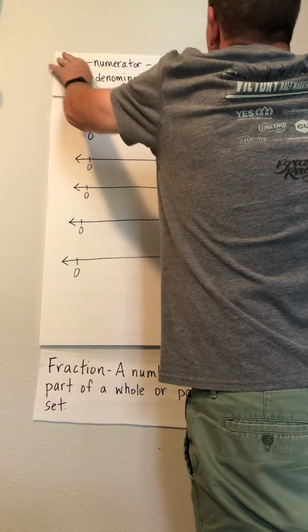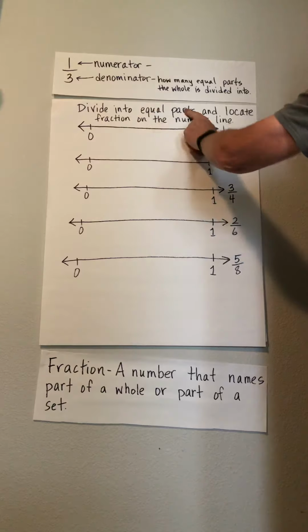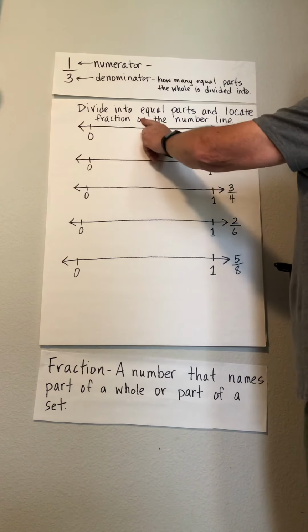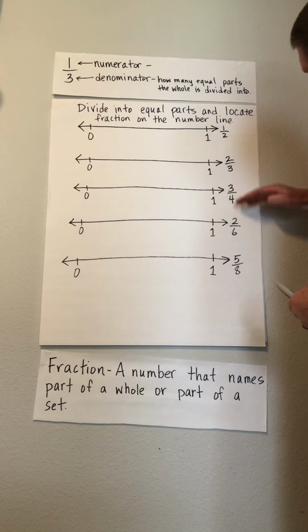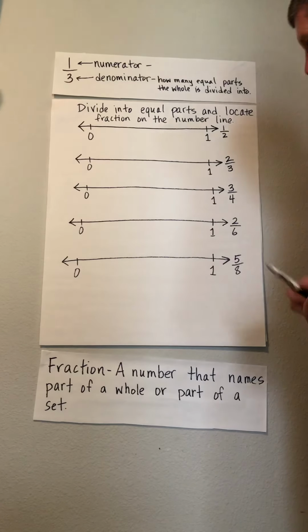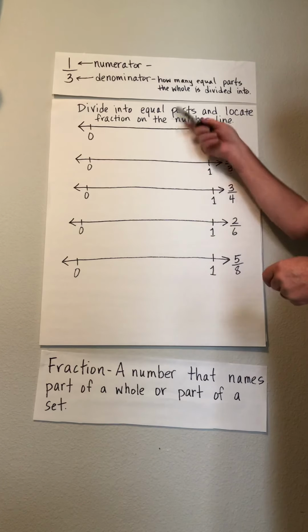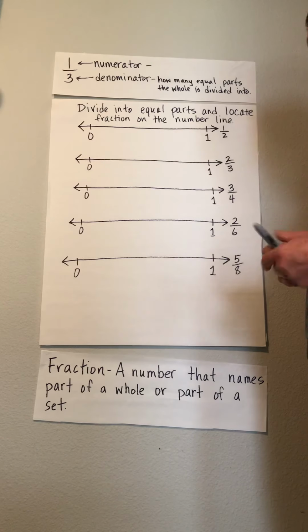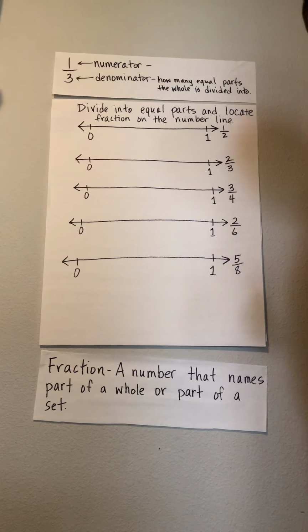So you are going to divide into equal parts and locate the fraction on the number line. This is the fraction that you're going to locate on the number line. Okay? So go ahead and pause the video now. Copy this. Do the dividing into the equal groups. And then start the video up to check your work.